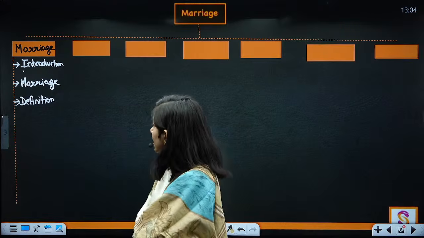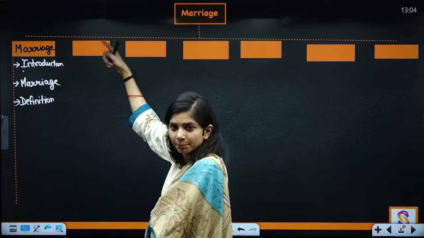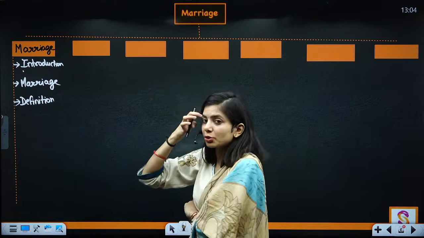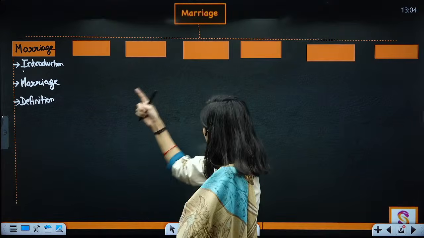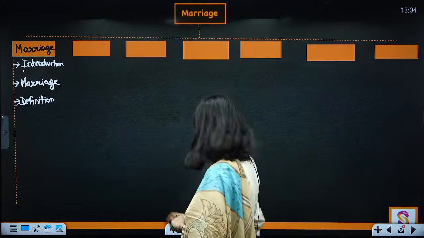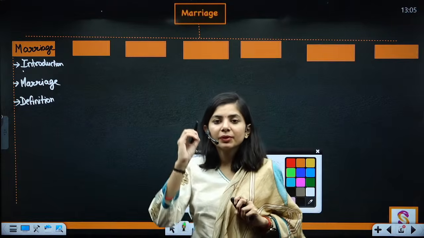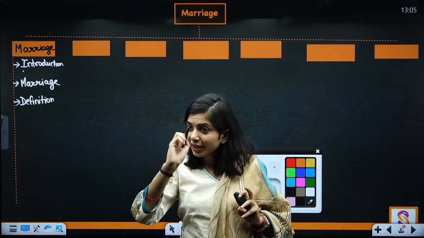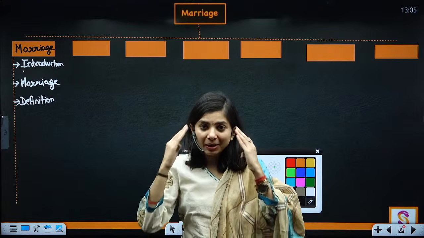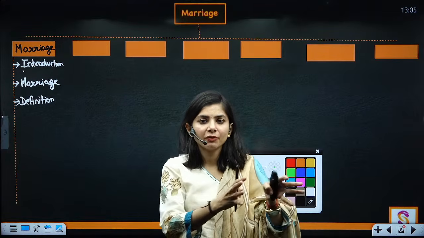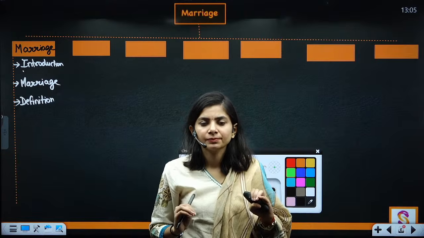And this complete index should have color coding. If you can analyze, I'm providing the color coding. I need to write the anthropologist name with the green color pen. So wherever I find the green color, my mind will capture that this is the name of a person and I need to remember it.